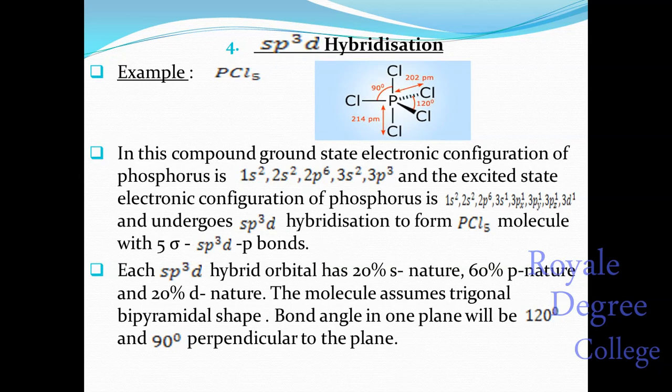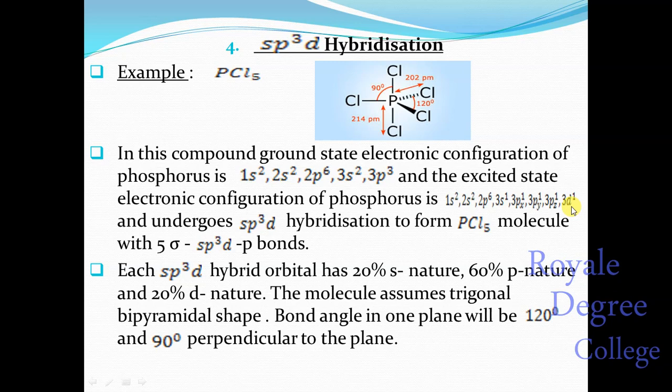Now we'll talk about sp3d hybridization. The example we are taking here is phosphorus pentachloride. Here you can see the figure. In this compound, the ground state electronic configuration of phosphorus is 1s2, 2s2, 2p6, 3s2, 3p3. And the excited state electronic configuration of phosphorus is 1s2, 2s2, 2p6, 3s1, 3px1, 3py1, 3pz1 and 3d1.